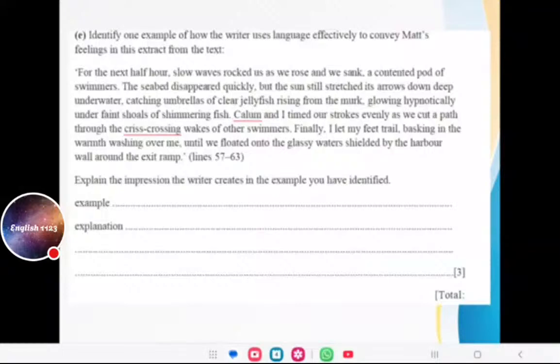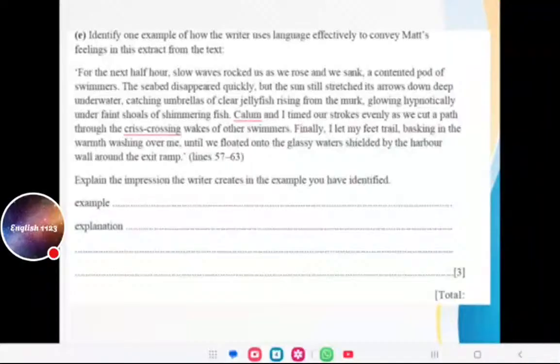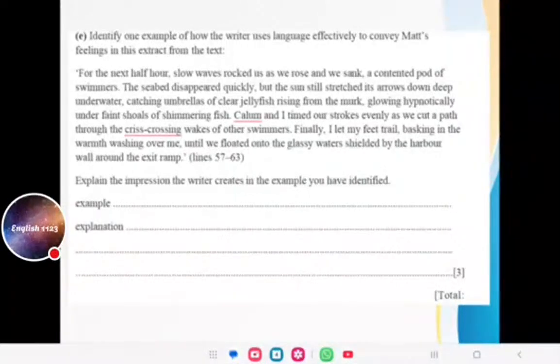Now, next question. Identify one example of how the writer uses language effectively to convey Matt's feelings in the extract from the text. The extract is given. Explain the impression the writer creates in the example you have identified. So, 3 lines are given and only 1 line is given for the example.